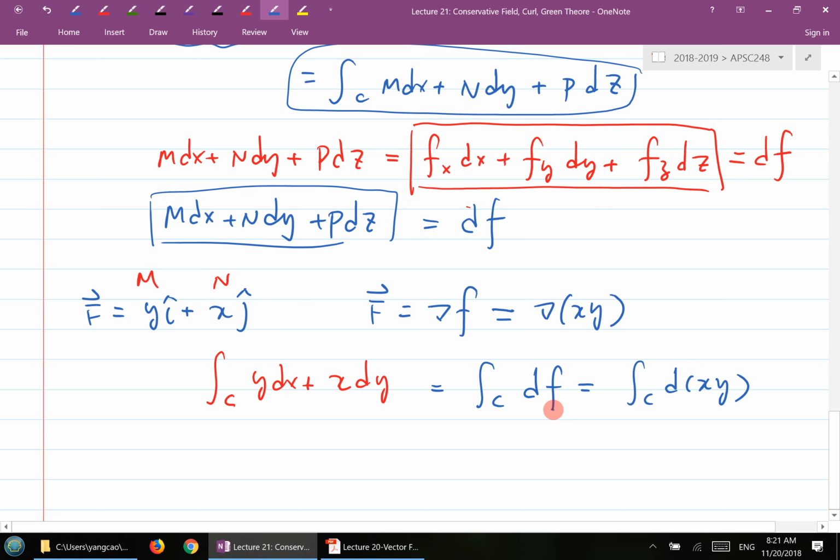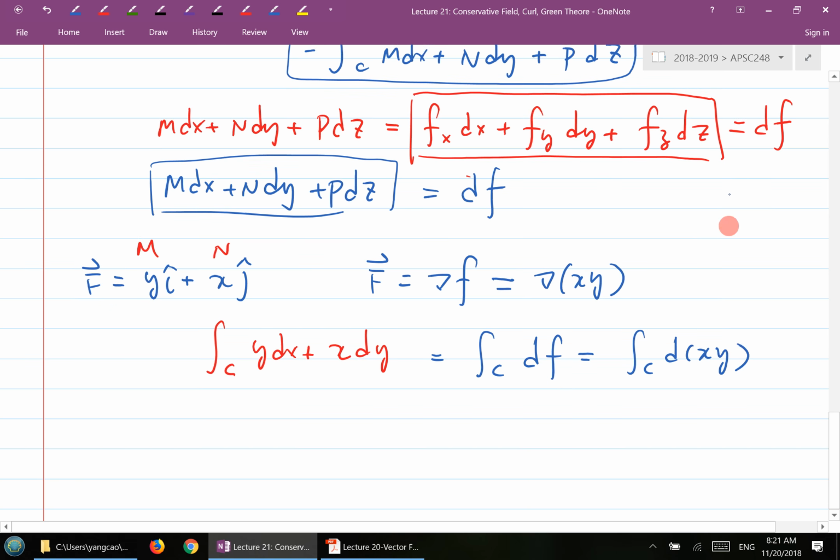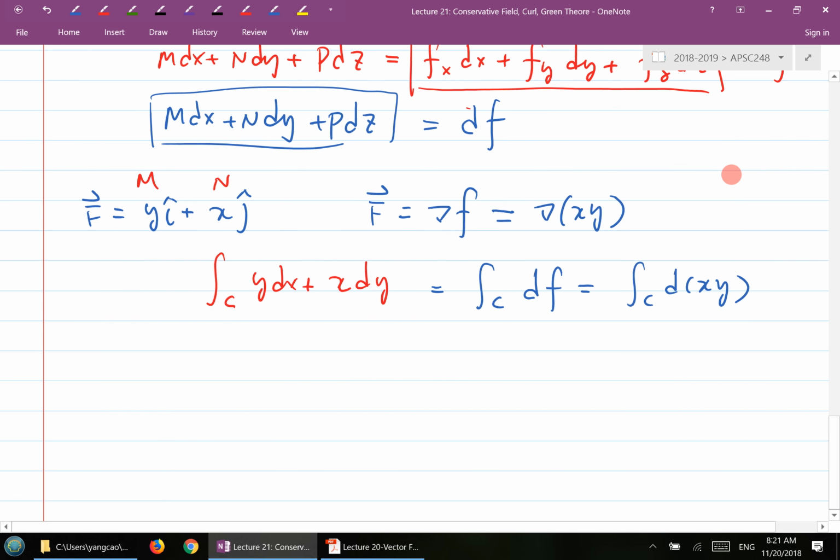As a matter of fact, this is one type of way of solving differential equation questions. For example, you might ask, can you solve y dx plus x dy equal to 0? What's the solution for y dx plus x dy equal to 0? This is a first order differential equation.